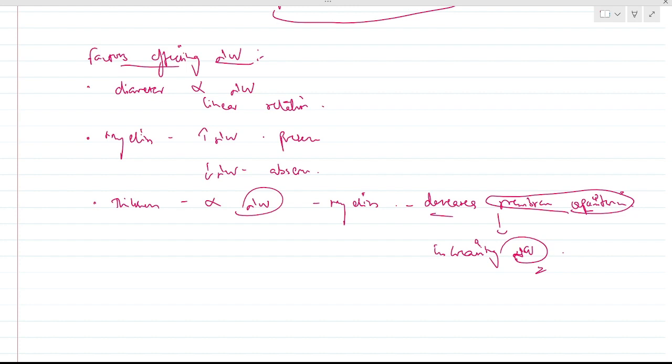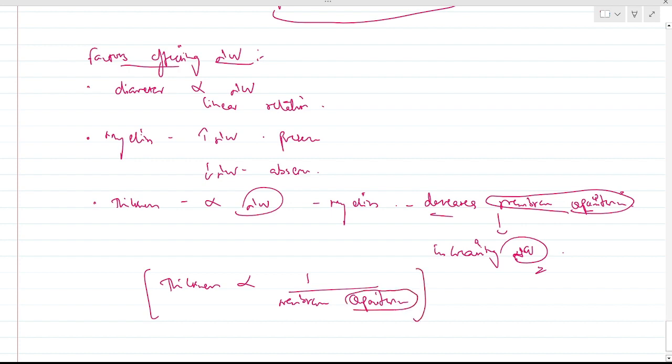Now from this we know that thickness is inversely proportional to membrane capacitance. Capacitance is the ability to hold or store charges.